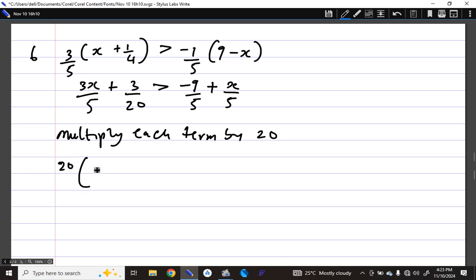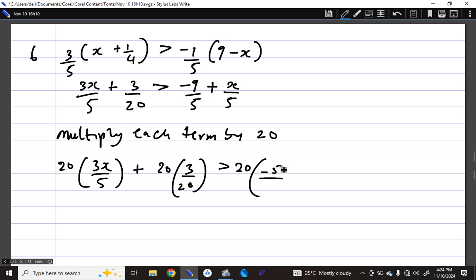So we say 20 in bracket of 3x over 5, plus 20 in bracket of 3 over 20, is greater than 20 in bracket of minus 9 over 5 plus 20 in bracket of x over 5.